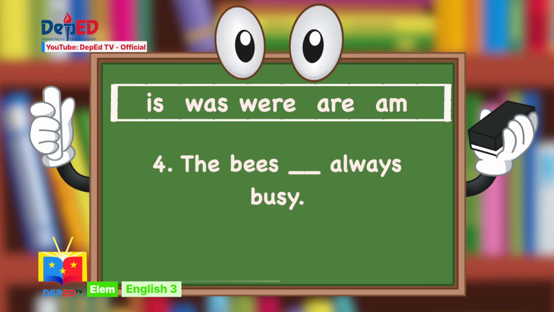Number 4. The bees blank always busy. What present tense be verb should we use for a plural subject? Are is correct. The bees are always busy.